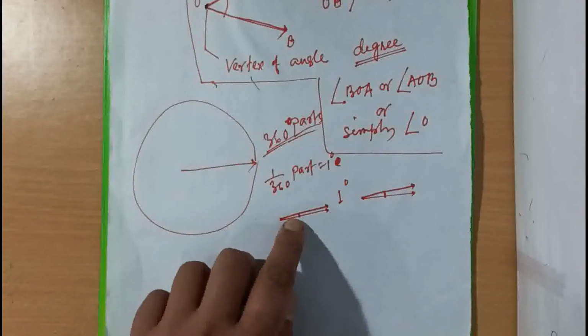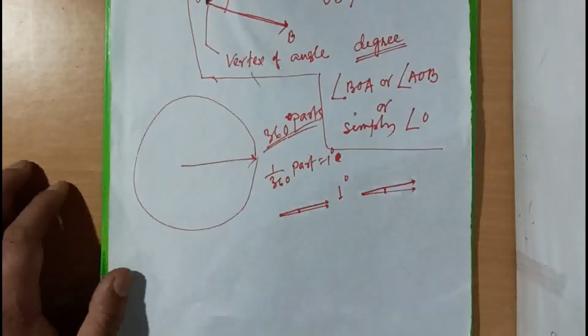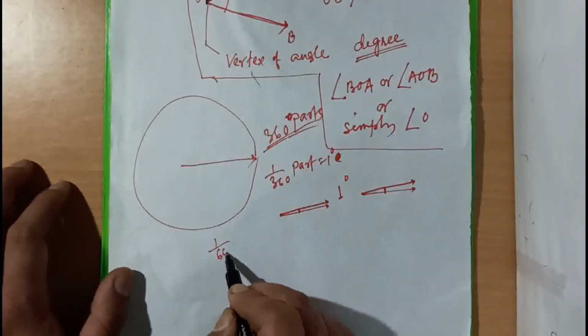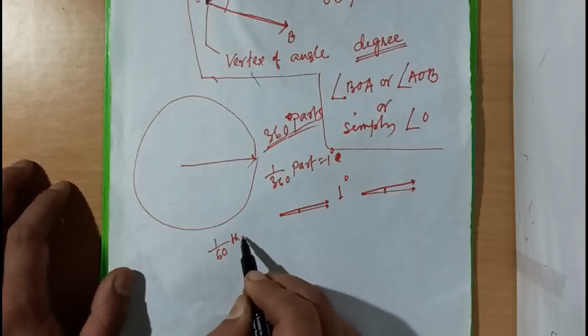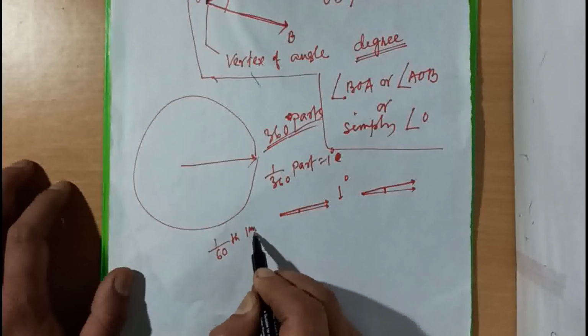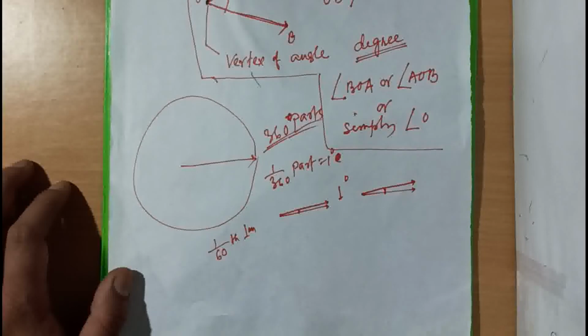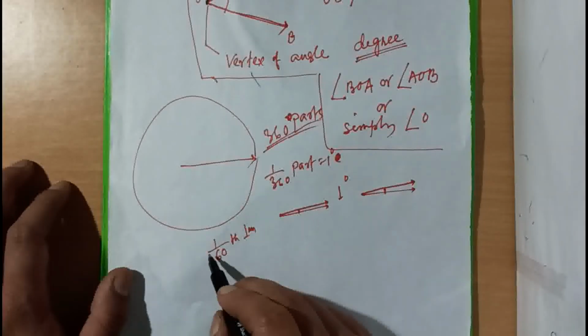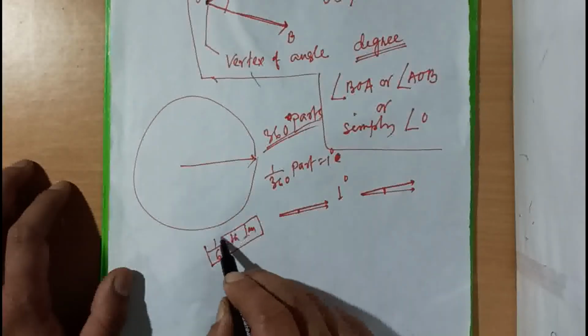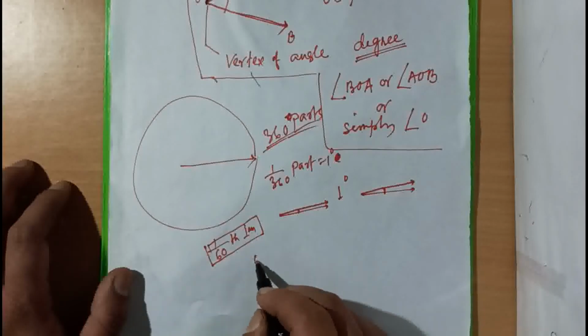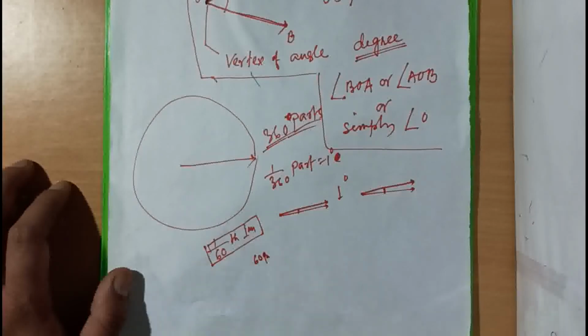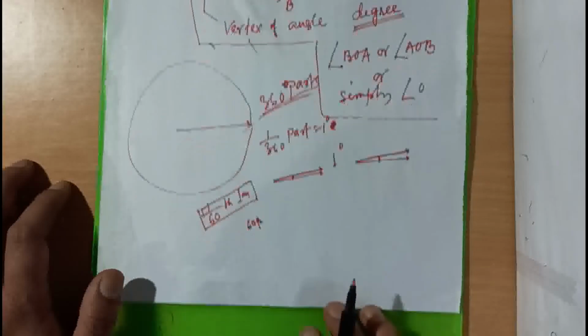So this 1 degree angle, if you further divide into 60 parts and take 1/60th, then this is called 1 minute. And this 1 minute, which is a very small quantity, if you further divide into 60 parts and take one part, that is called 1 second.